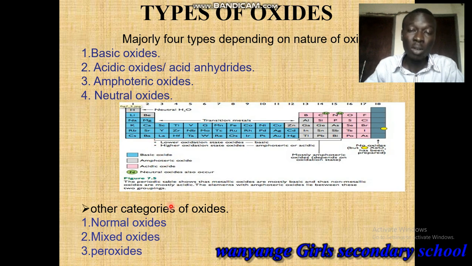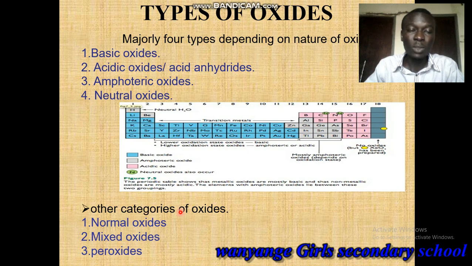Those are normal oxides, meaning that they have just oxygen combined with another element in the stoichiometric proportions. Then we have mixed oxides. Mixed oxides are oxides which have chemical properties like a mixture of 2 or more normal oxides. Okay? So it behaves like it is made up of 2 normal oxides.